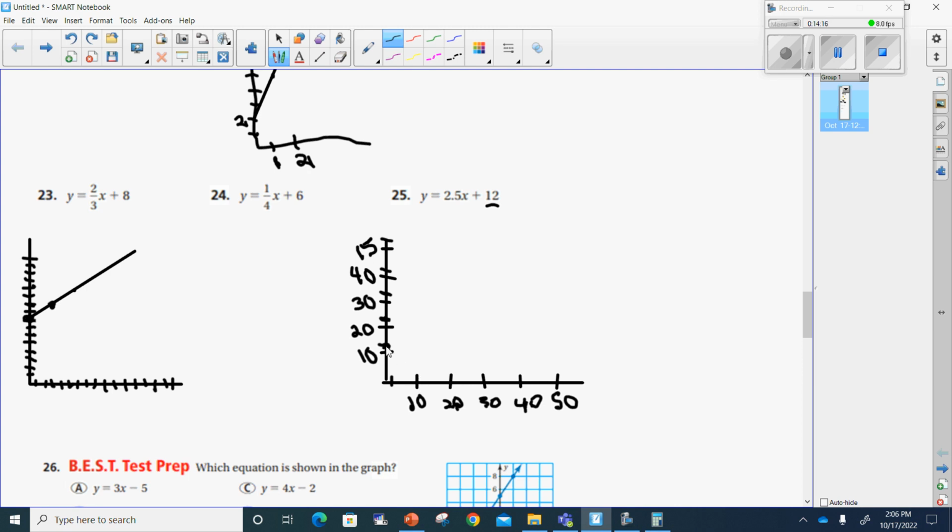So if this is 4 times, 1, 2, 3, 4 would be about right here. So we'd be about right there at 10. Okay. And let's see, that would put my line about here to here.